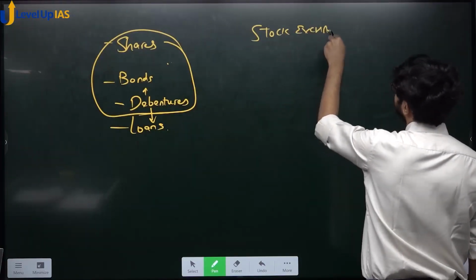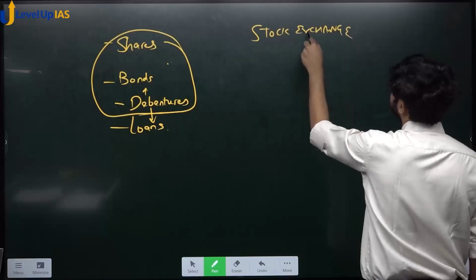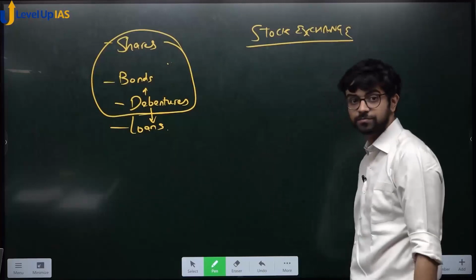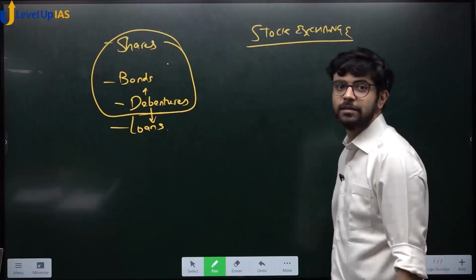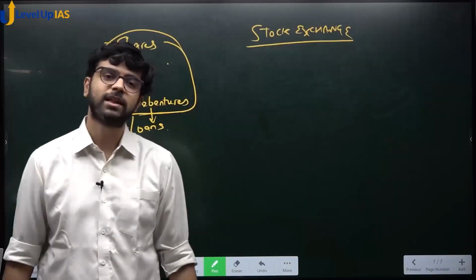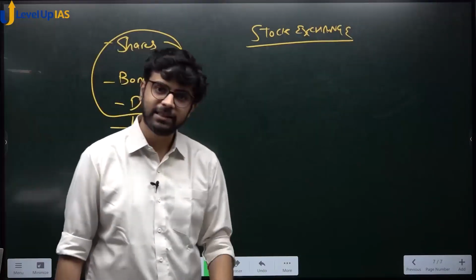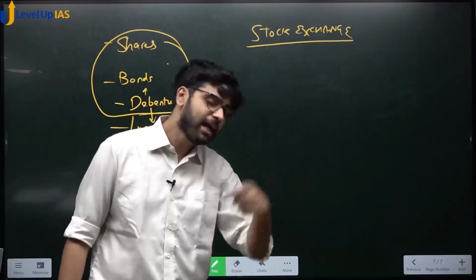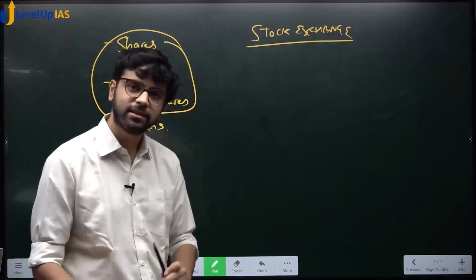Have you heard of stock exchange? Stock market, stock exchange. This is a market. Sellers come there, buyers come there. They exchange. What do they exchange? Either they give money and buy new shares, or they give money and buy already existing shares, or they exchange shares.